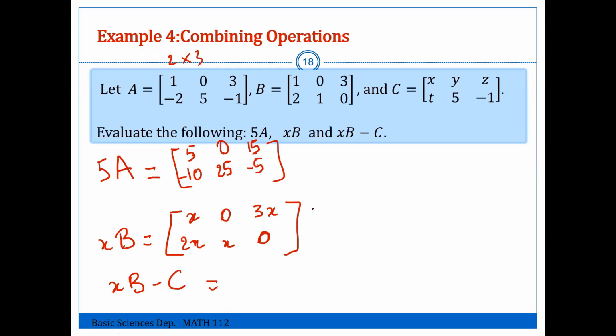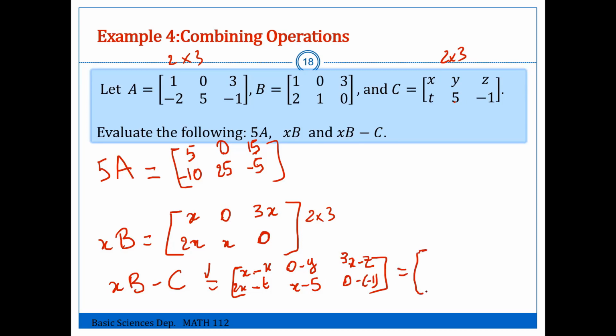So we have xB, 2 by 3. We have C, 2 by 3. So, okay, 2 rows, 3 columns. So we'll have x minus x, 2x minus t, 0 minus y, x minus 5, 3x minus z, and 0 minus minus 1.